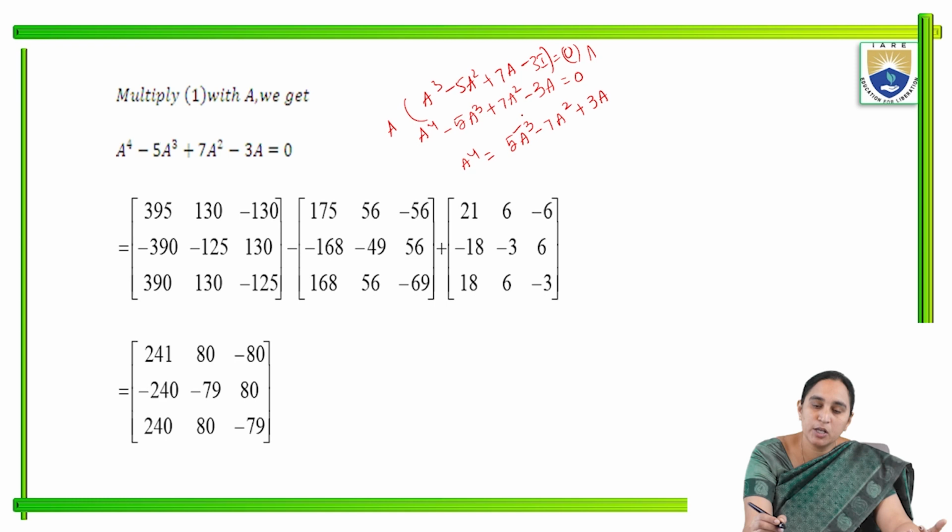Here we already know A cube from the last part, and A square and A also.